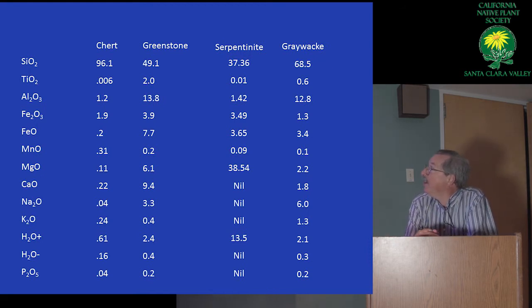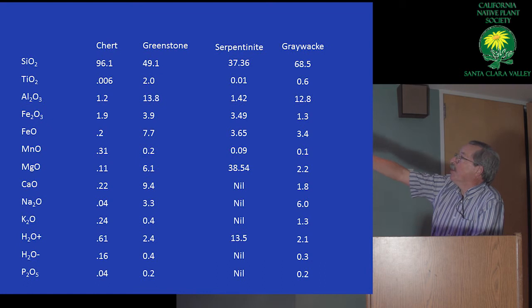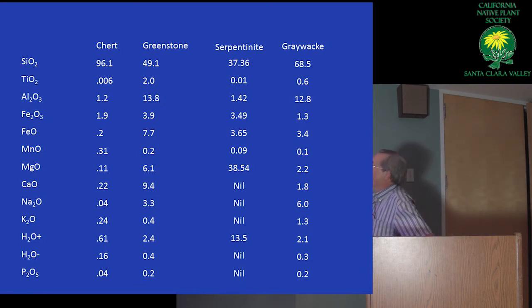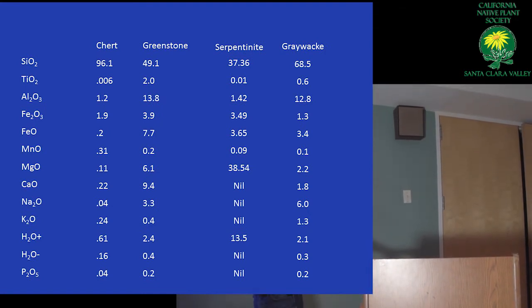So these are some of the rock types we see around here in the Franciscan complex. They are the most common ones: the chert, the greenstone, the serpentinite, and the greywacke. And I want you to look at serpentinite. No calcium. No potassium.